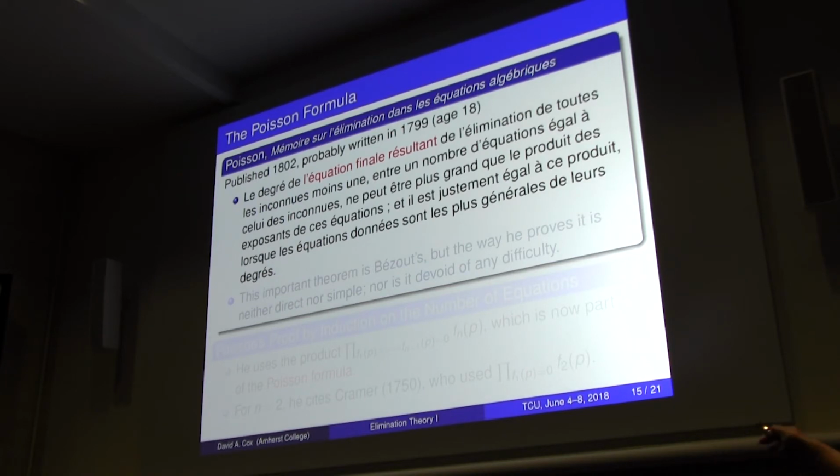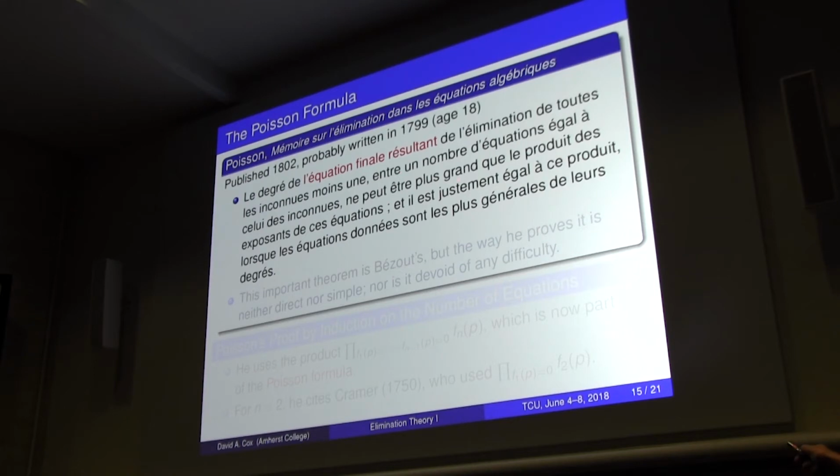But he says that the degree of elimination of all the unknowns except one, so again, you want to eliminate all the variables except one, and you have a number of equations equal to the number of unknowns, so still working affinely, it cannot be bigger than the product of the exponents of those equations. So again, there's that multivariable Bezout equation.